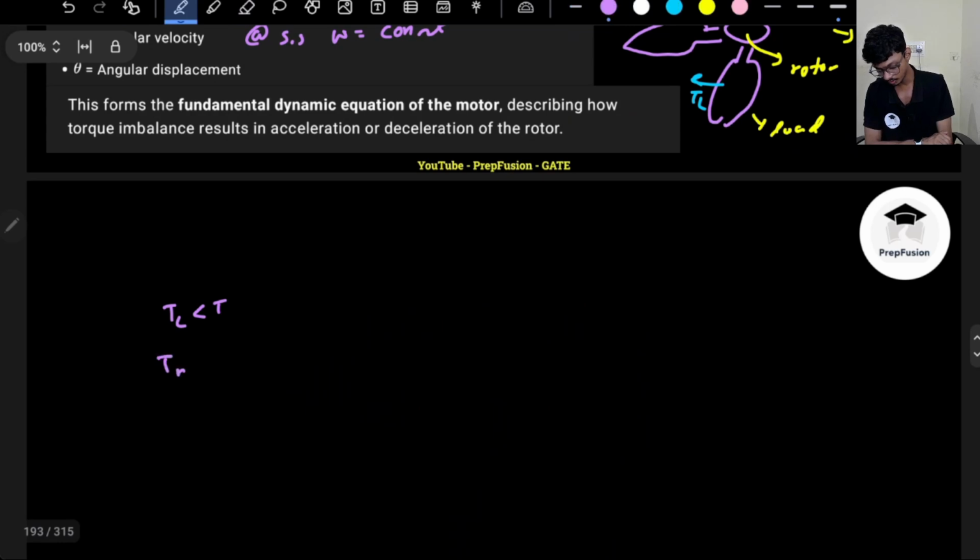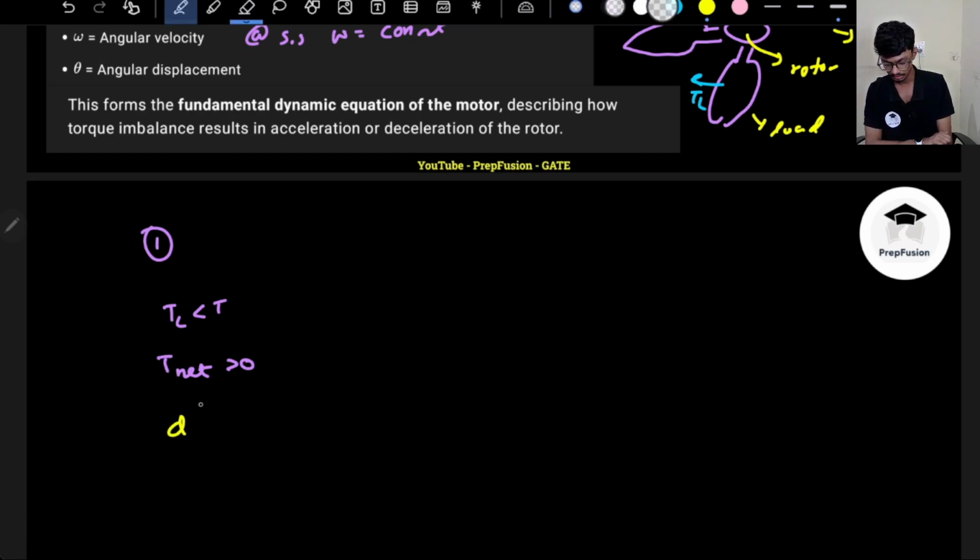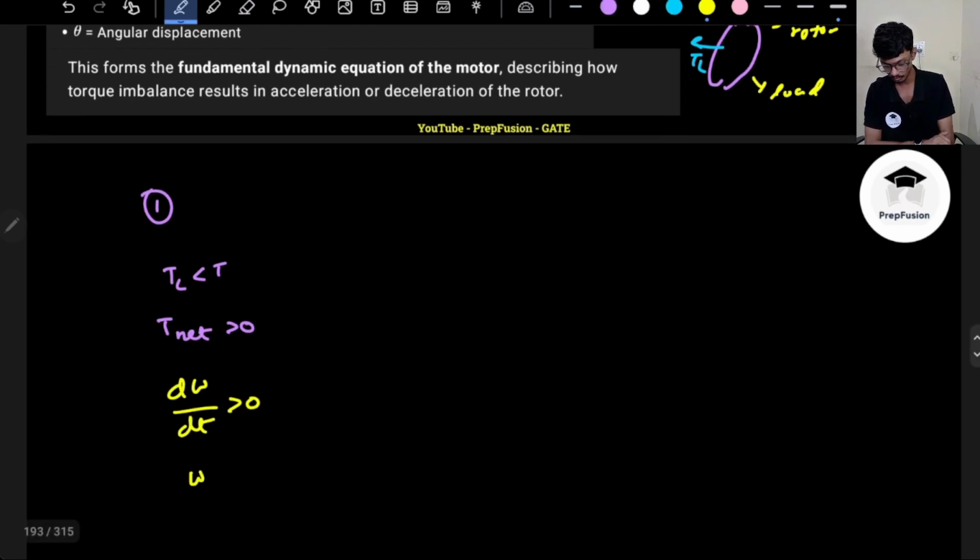Then the net torque is positive. We have discussed this previously in DC machines. So if the load torque is less than the developed torque, the net torque is positive. This is case one. If net torque is positive, d omega by dt is greater than 0, which means omega will increase.